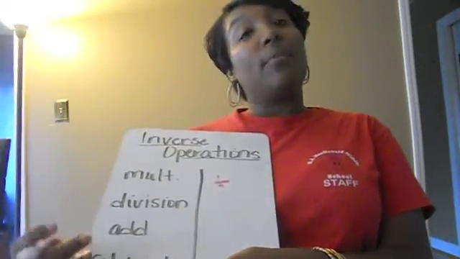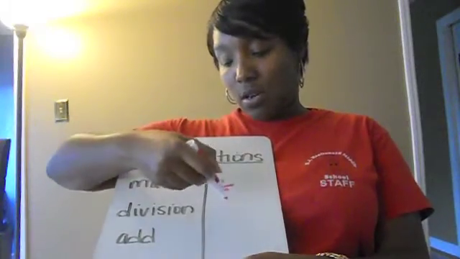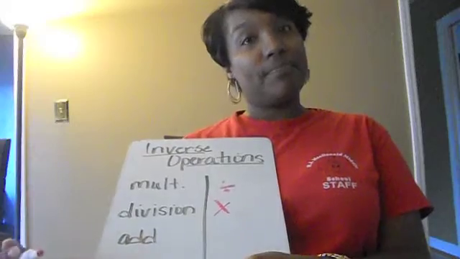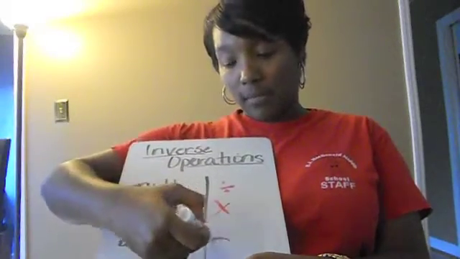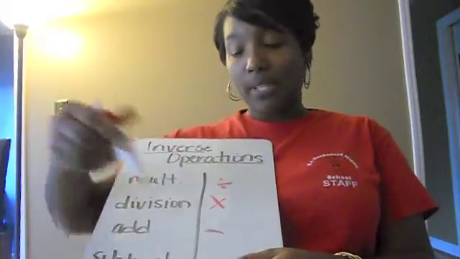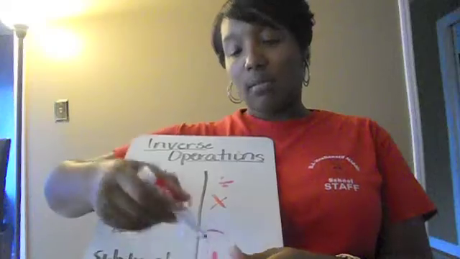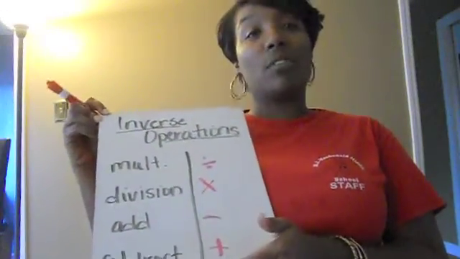If the problem is telling you to divide, then the opposite of that is multiplication. Addition, the opposite is subtraction. And subtraction, the opposite is addition. Easy, right? So that's inverse operations.